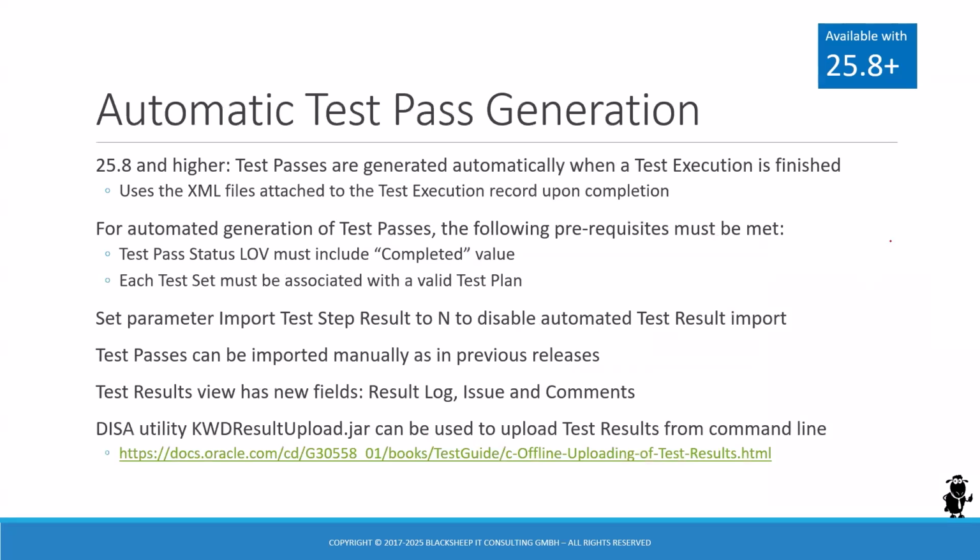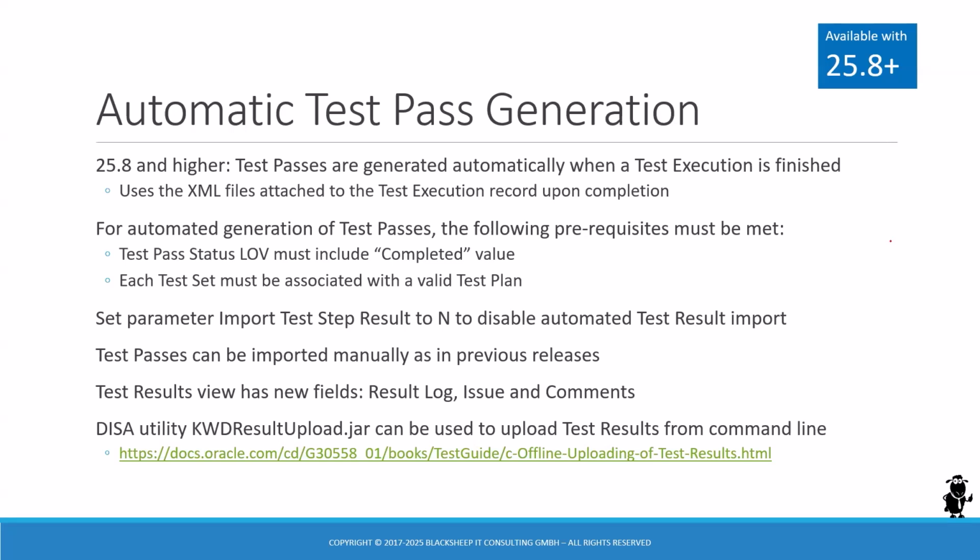And speaking of running the tests, one big thing is, of course, taking in the results of the test. You want to know, was the test successful? Did it pass or did it fail? There is a feature in 25.7 and earlier. After the test is completed, you can press a button in the attachment.